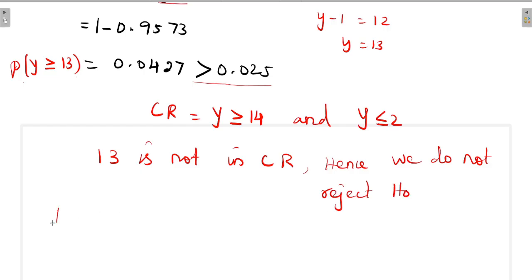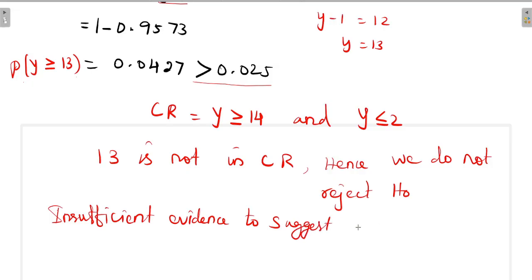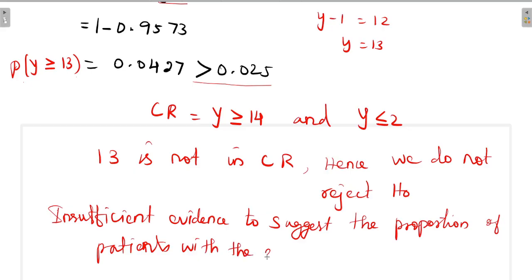Hence, there is insufficient evidence to suggest the proportion of patients with the eye condition has changed. This is our conclusion.